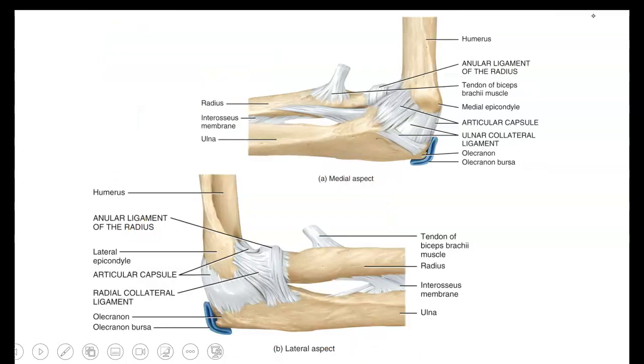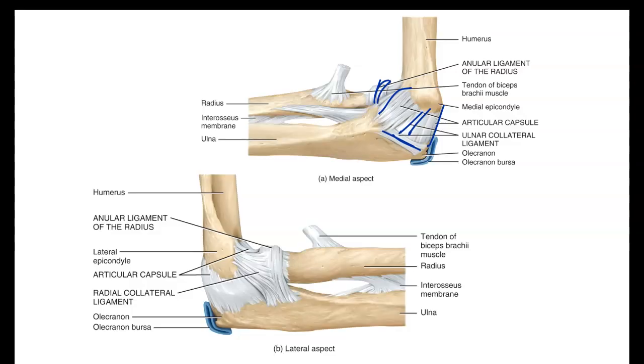This is going to be a view of those ligaments that you have in the elbow. And so with this, you see this annular ligament that's coming around that radius there. You see you have an articular capsule that's being created through here. You have the ulnar collateral ligament, which is forming here and here.